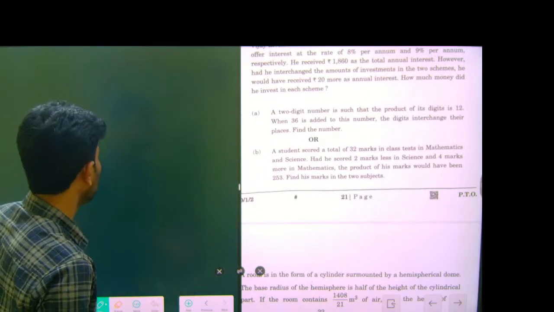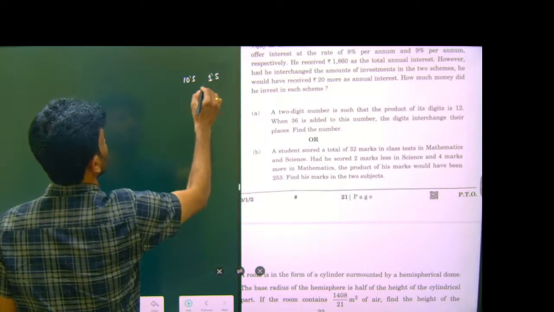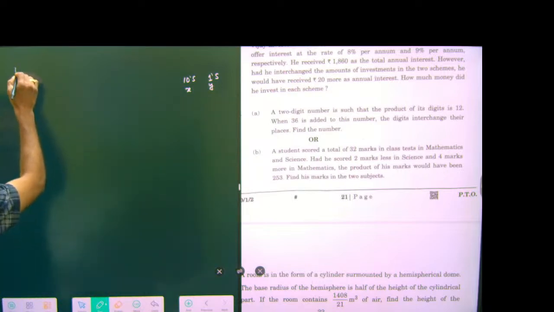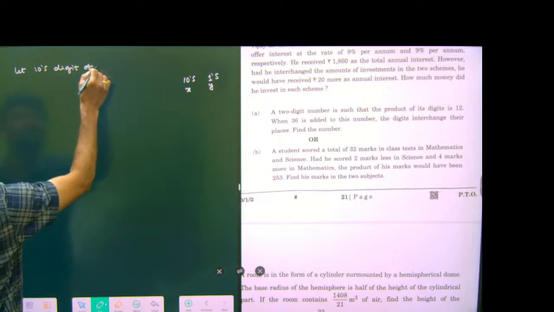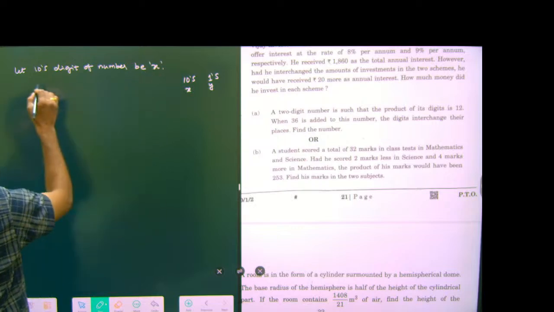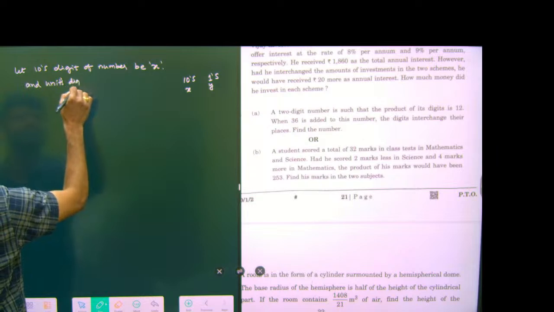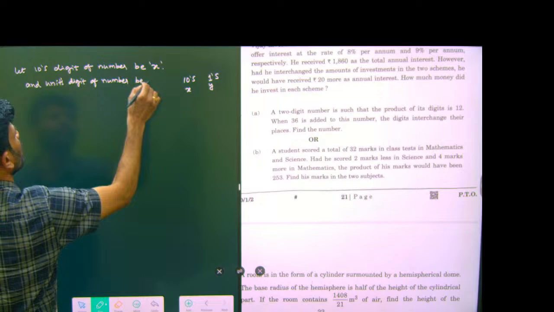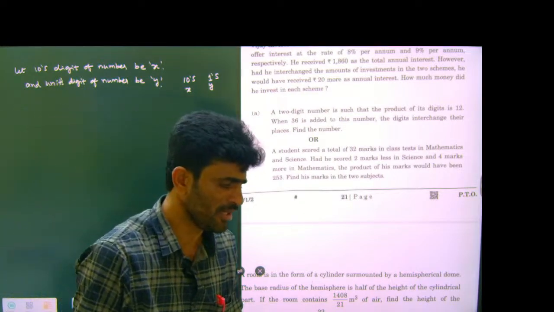Here, whenever a 2-digit number comes, the tens place and ones place will be there. You can take the tens digit be x, the ones digit be y. You have to write: let the tens digit of the number be x and the units digit or ones digit of the number be y.